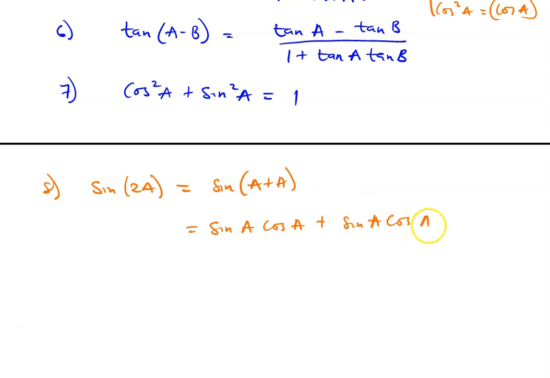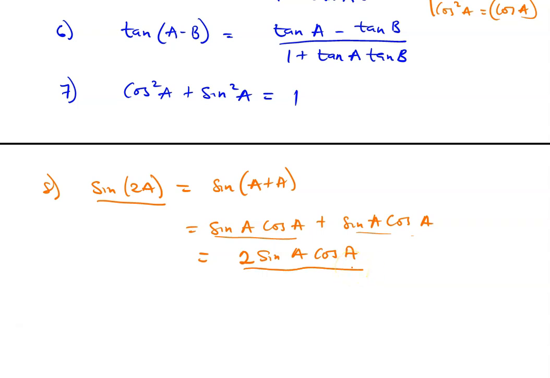You see, this can end up becoming 2 sine A cos A, because I can add these two. So sine 2A is the same as 2 sine A cos A.